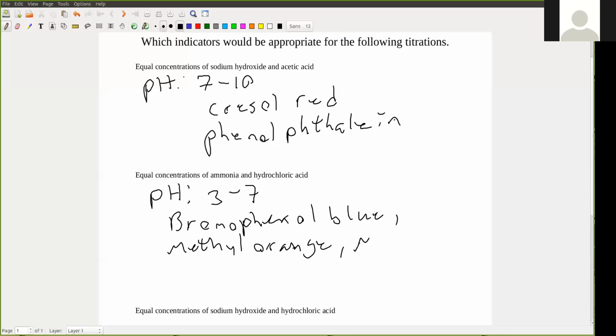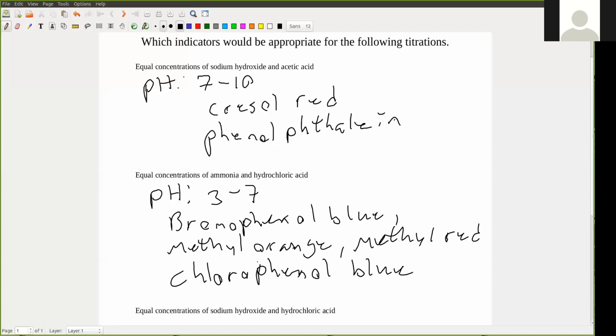Methyl red is also a good indicator. And I would also say chlorophenol blue. Okay.